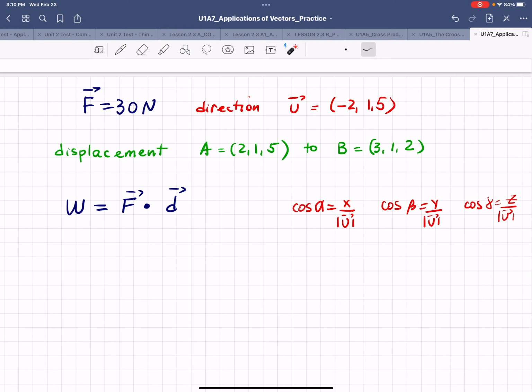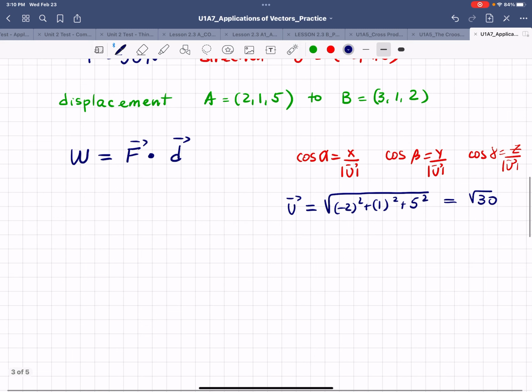So we need to get started with finding the magnitude of vector u. Vector u with coordinates -2, 1, 5 will have the magnitude equal to the square root of -2 squared plus 1 squared plus 5 squared. That would equal the square root of 30.